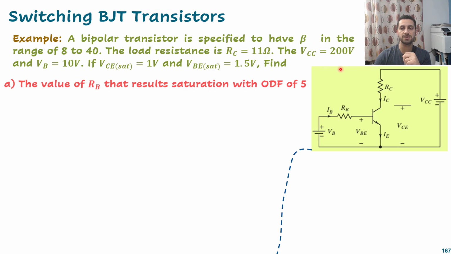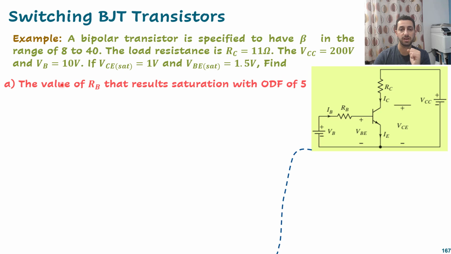Now the load resistance is 11 ohm, the VCC is 200 volt, and the V base, which is this one, is 10 volt. Now the VCE sat, the voltage across the transistor in saturation, is 1 volt, and the VBE sat, the voltage across this junction here in saturation, is 1.5 volt.